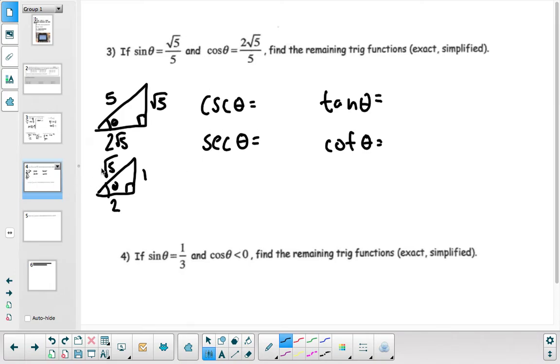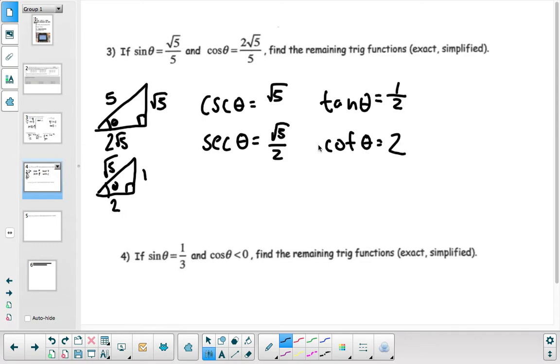Cosecant is hypotenuse over opposite, or root 5 over 1, which is root 5. Secant is hypotenuse over adjacent, so root 5 over 2. If you went with the other triangle, you would just have to do a little extra work to divide out that root 5, but you should get the same answers. Tangent is opposite over adjacent, or 1 over 2. Cotangent is adjacent over opposite, or 2 over 1, which is 2.